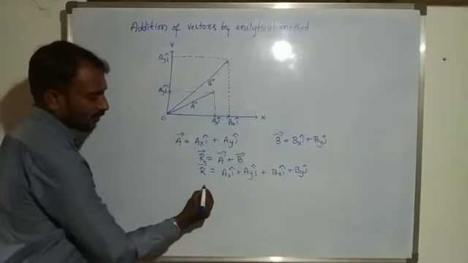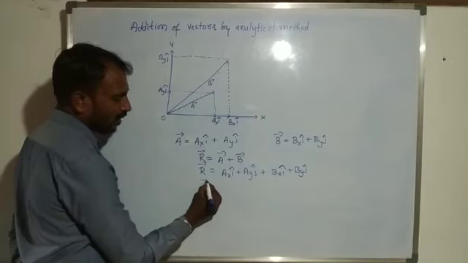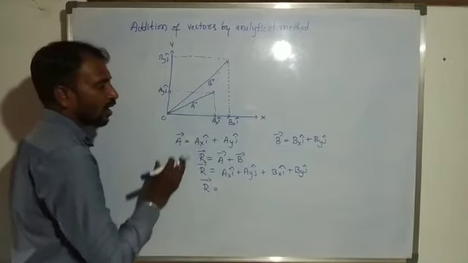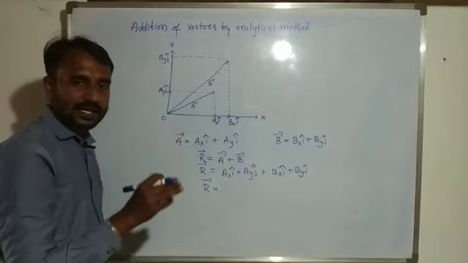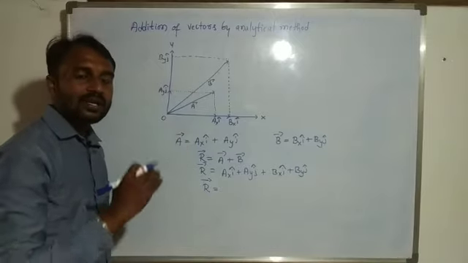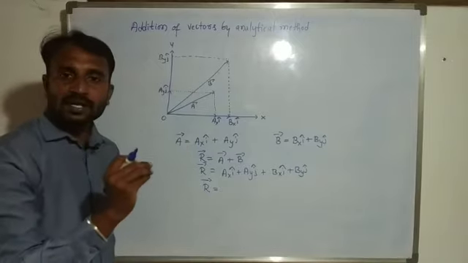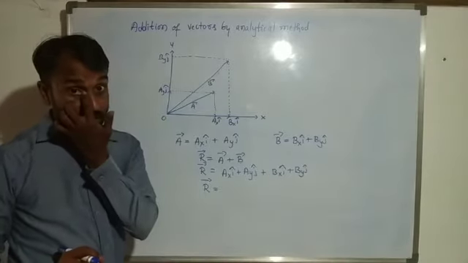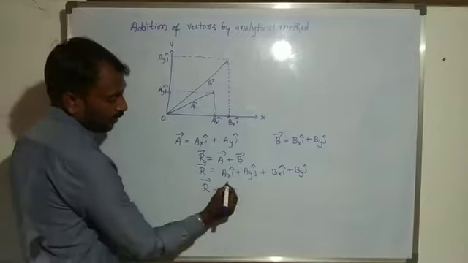So for the resultant vector R, the components along the x-axis are on one side and the components along the y-axis on the other side.